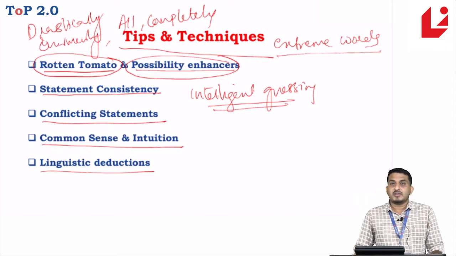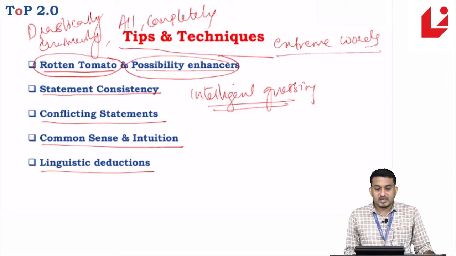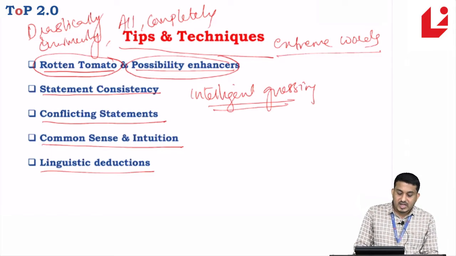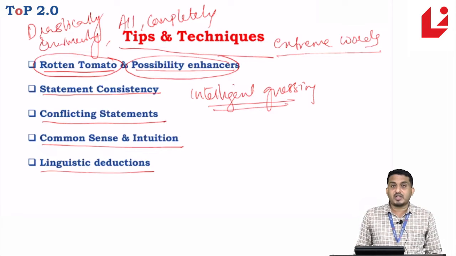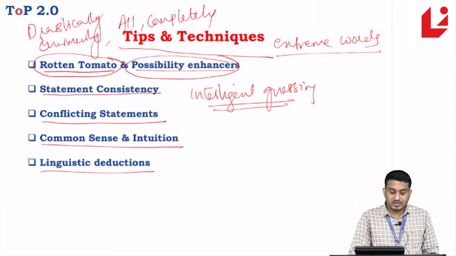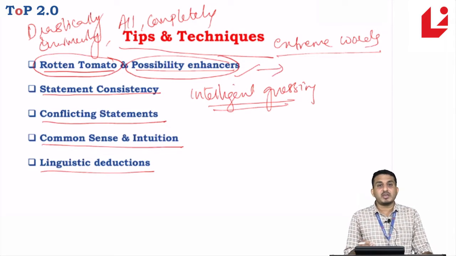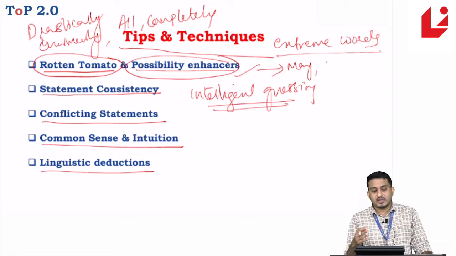Now, second is possibility enhancer. What is this possibility enhancer? These are the words added by the examiner so that a statement becomes absolutely right. For example, the examiner uses words like may, can, some.